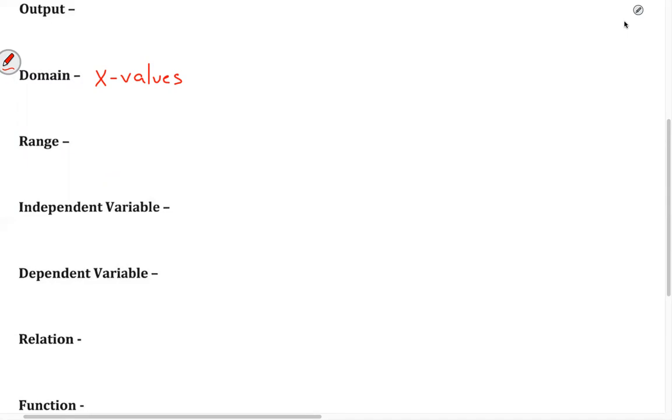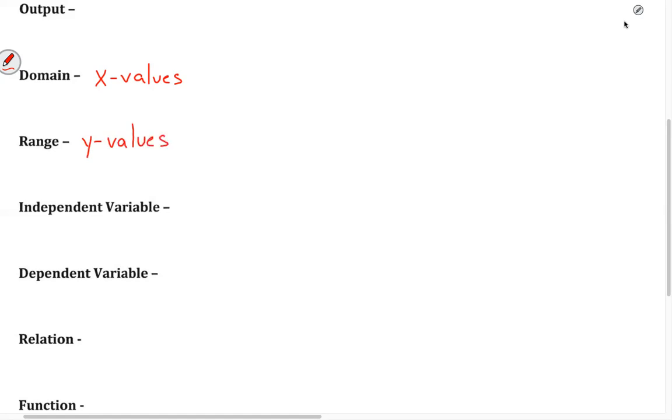I don't know why we have different terms, but I think it has to do with the different formats I give it to you in. Input you're typically going to see in a table. Your domain is going to be on a graph. And the range is your Y values.